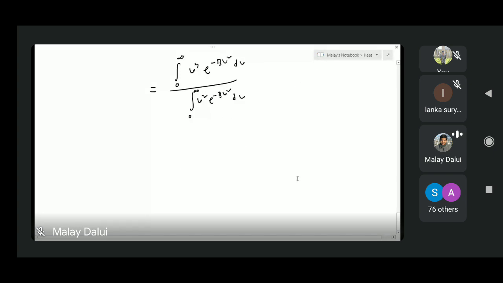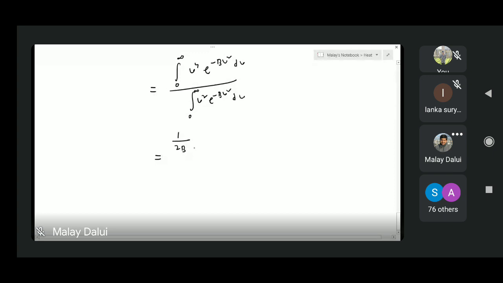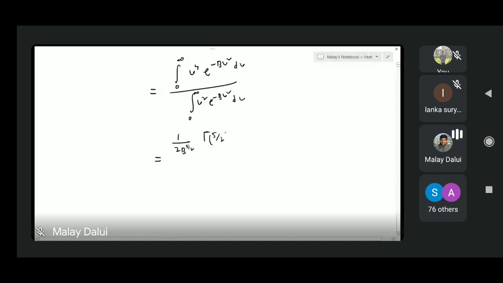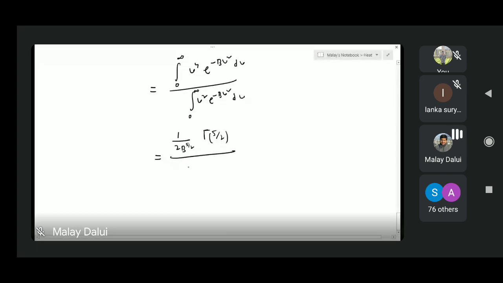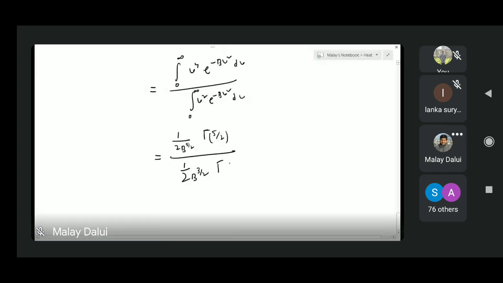Okay, on a side note, similarly, we can use the gamma function. In the numerator, it is 1 by b to the power 5 by 2 gamma 5 halves, and in the denominator it's 2 b to the power 3 halves gamma 3 halves.